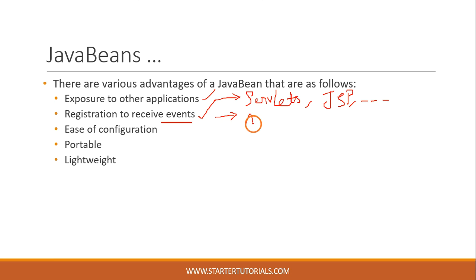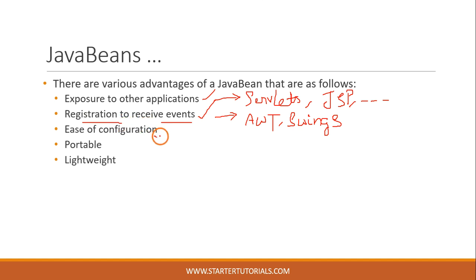You can take the examples of classes in the AWT package and also the Swing package. We have so many event classes in these packages, and all of them are suitable for registration to receive events.